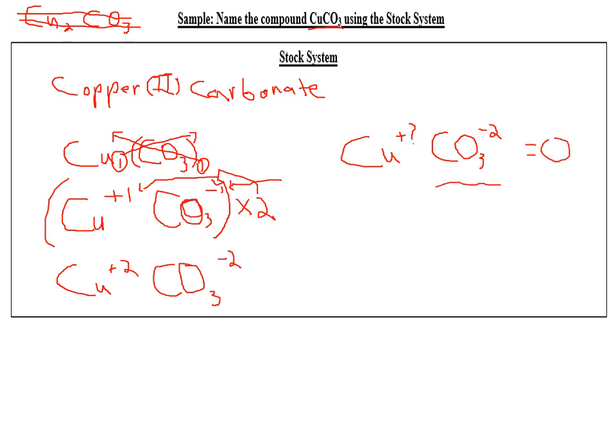So if this is -2 and we only have 1 copper, if you said it was copper plus 1, you'd be wrong because plus 1 minus 2 is -1. That's not right. So you'd have to say it's copper plus 2, which makes sense because plus 2 minus 2 is 0. So it's copper 2 carbonate. And again, you don't change the ending of the polyatomic ion.